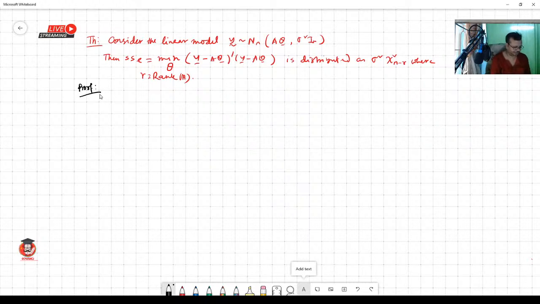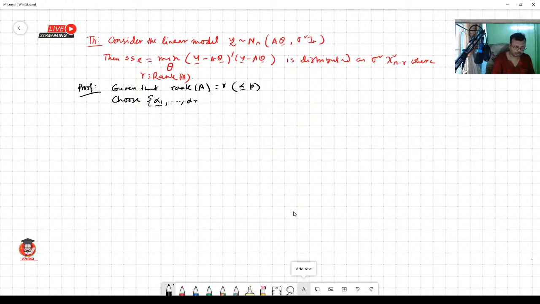Given that rank of A equals r, which is less than or equal to p, and we choose alpha 1 to alpha r.